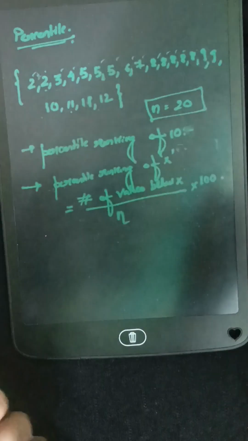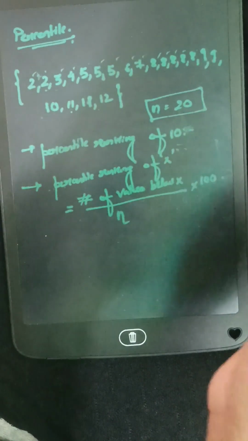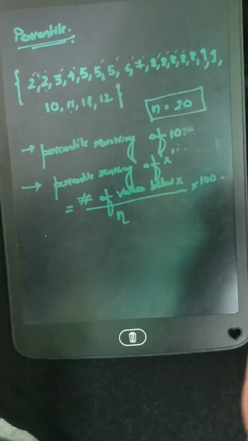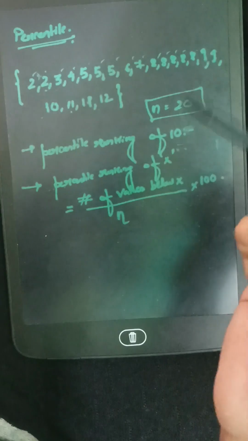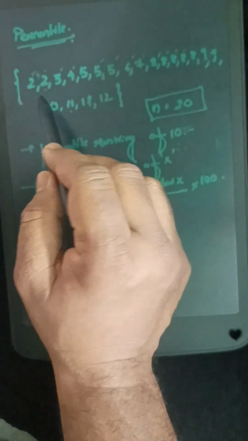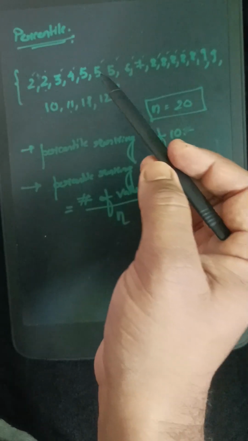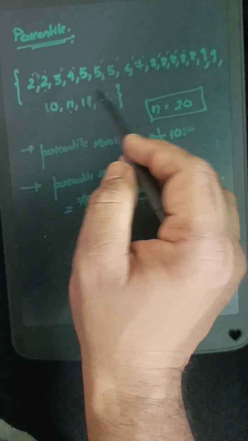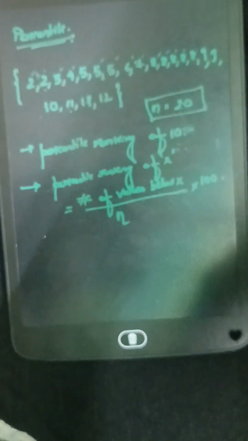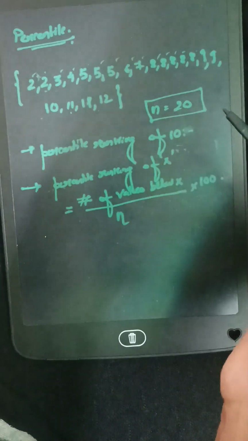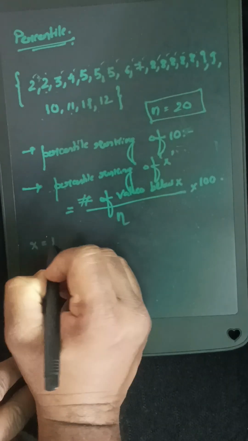For this, one thing we must keep in mind is that for calculating the percentile, like in median calculation, we must first rearrange our data. The data which I have written over here, I have rearranged in ascending order. Here I see the data has been sorted, and that's why we may be able to calculate the number of values that are below x, that is in our case x is equal to 10.